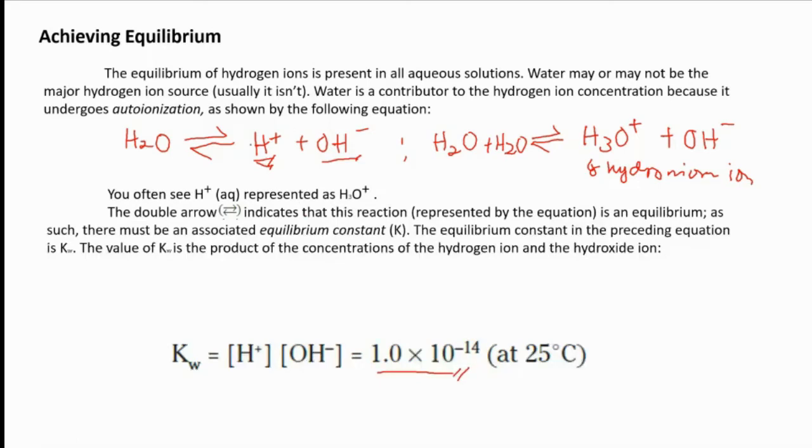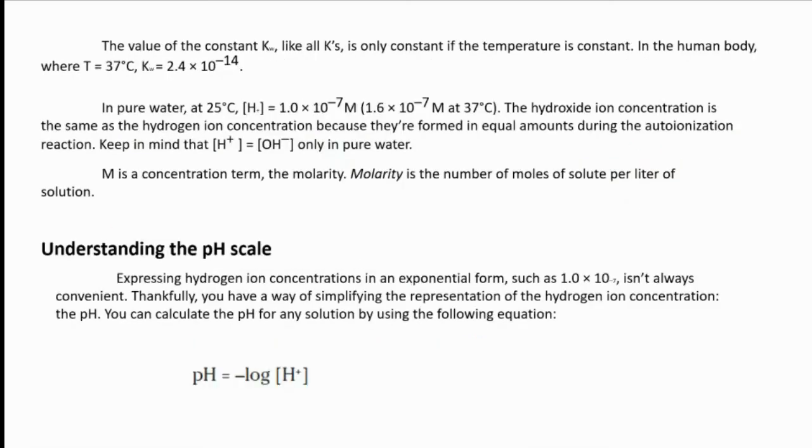Sa body natin, ano yung normal body temperature? 37 degrees. Okay, tama. So, sa body natin, mag-iiba yung value ng Kw. So, we have 2.4 times 10 raised to negative 14. Tumaas ba or bumaba?